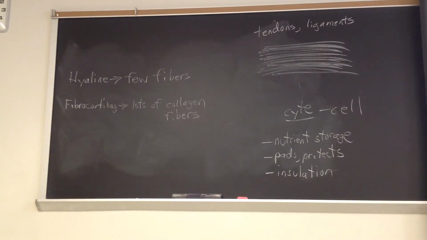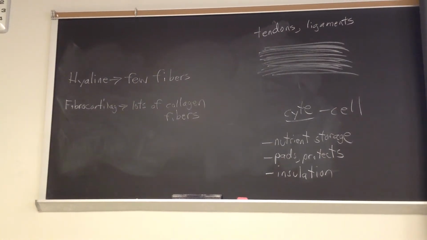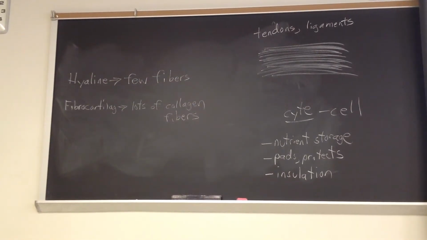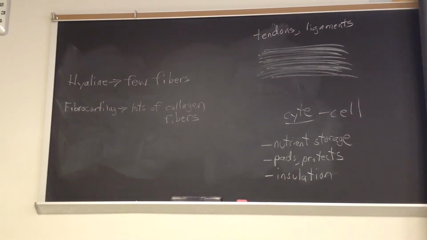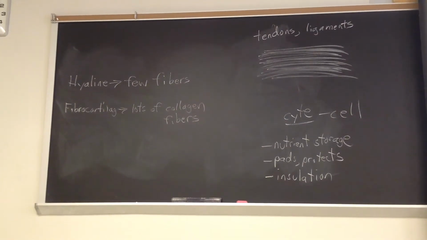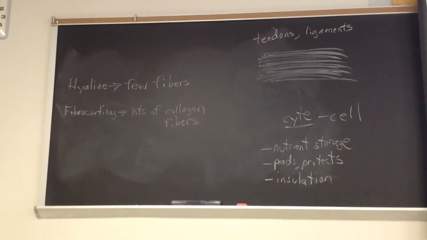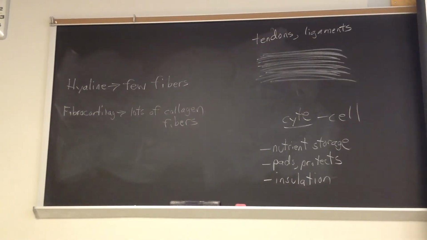They support a lot of weight. You don't want a lot of compression on those. You don't want them to be squeezed or deformed heavily by a lot of weight. So with fibrocartilage, we've added more collagen fibers, and now we've made it relatively strong. It still has the same chondrocytes in it, still producing those fibers and ground substance around them. Elastic.